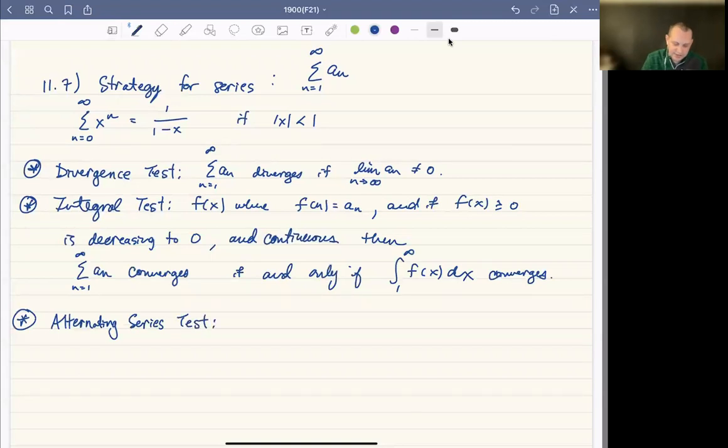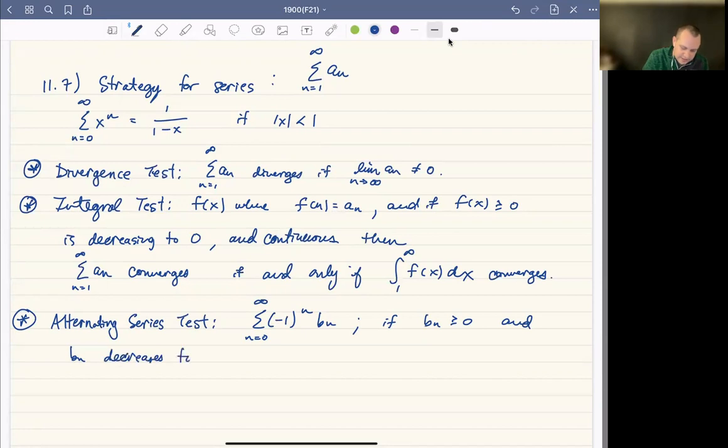So the alternating series test says that if you look at the sum of (-1)^n b_n, where b_n is positive and decreasing to 0.